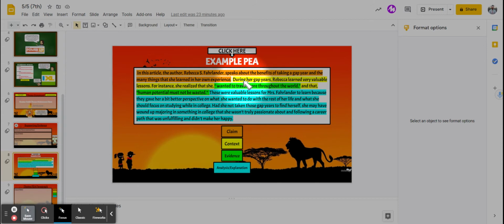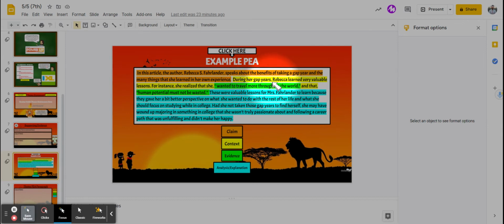Then, before she shows me evidence to back that up, this person gave me a bit of context. It doesn't have to be a lot, but just a little bit to give me an idea as to what the evidence you're about to show me has to do with, where it comes from, why it's important. So, what she did was she simply paraphrased what the evidence was going to talk about.